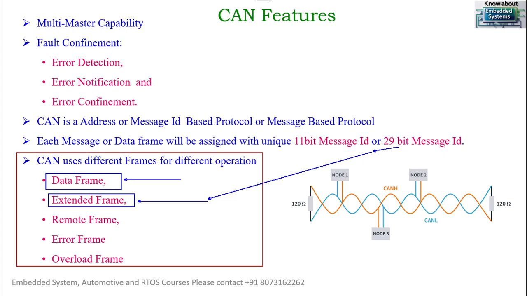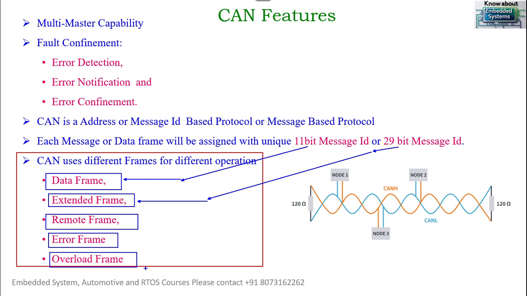If you want to send data with an 11-bit message ID, you can use a data frame. You use an extended frame when you're going to transmit a 29-bit ID. Whenever you want to receive data, we use a remote frame. Whenever you're going to notify an error, we use an error frame. And whenever there is an overload to the ECU, then our CAN ECU will use an overload frame.